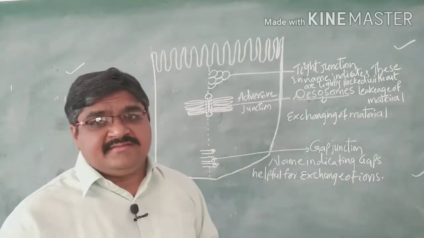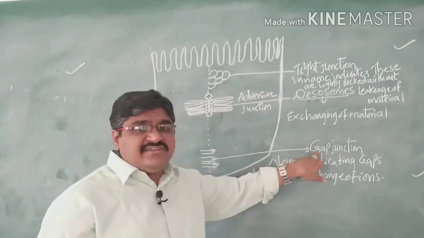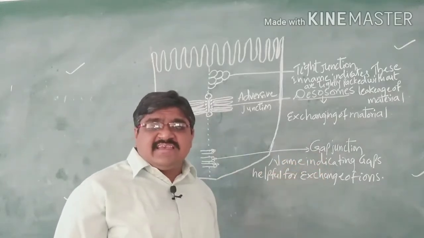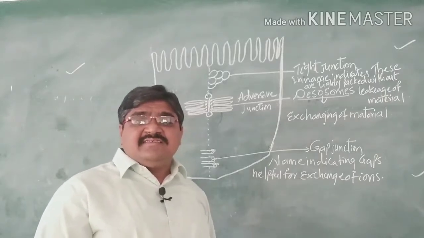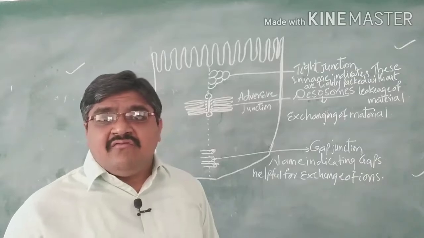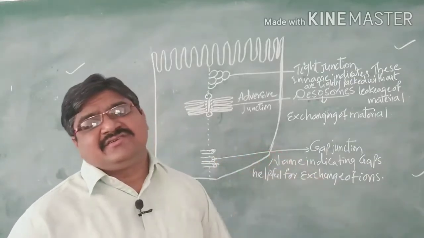And the third one, as the name indicates, is the gap junction. Through these gaps, ionic materials, that is the cell materials, are exchanged from one cell to another.